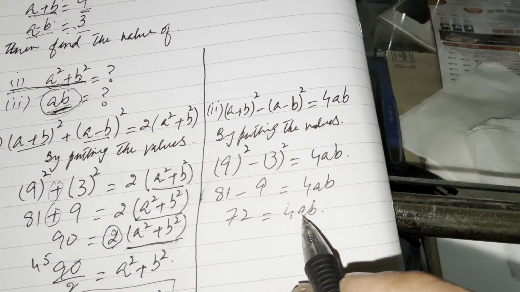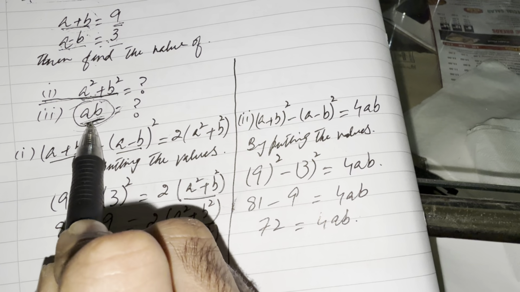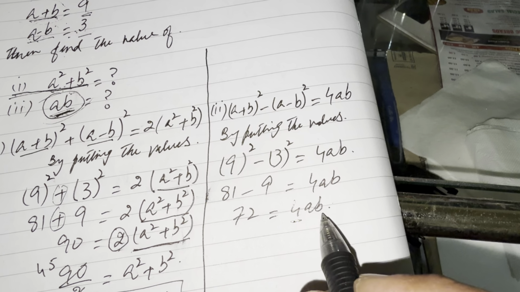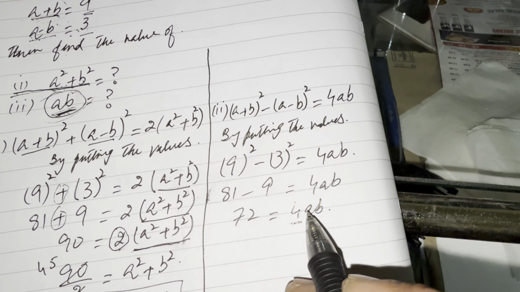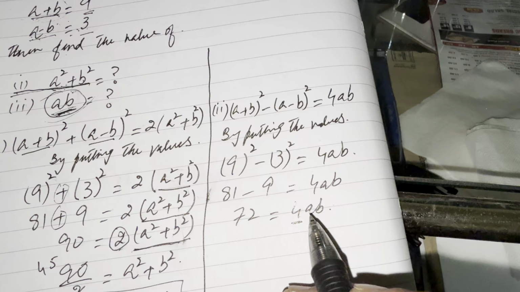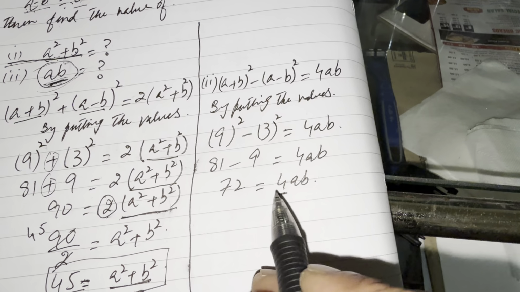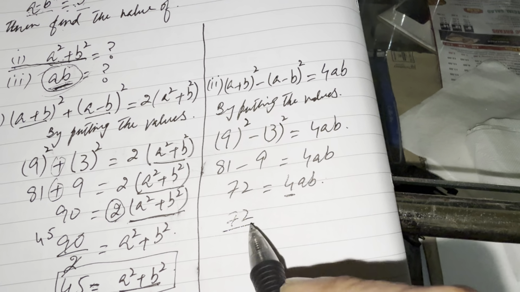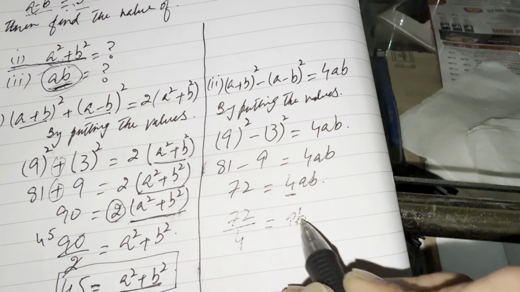If you see, the question was that we have to find AB, so 4 is extra with the AB. 4 is multiplying with AB. So when we take this 4 to the other side of the equals sign, it will divide 72. So 72 divided by 4 is equal to AB.